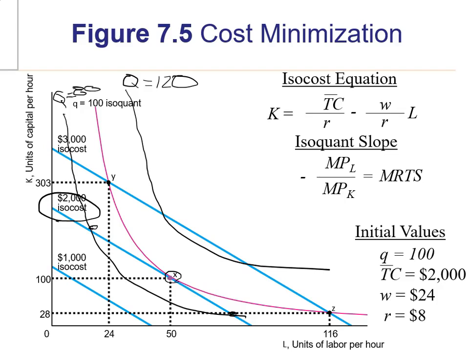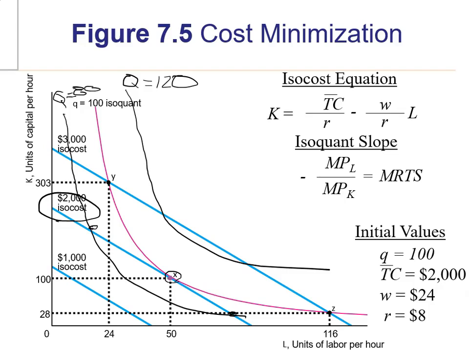That's the optimal: getting 100 units of output, spending $2,000. Now, can you get 120 units of output spending $2,000? Well, no, because nowhere is this isoquant tangent to or intersecting this $2,000 iso-cost. So we can't do it, not with today's technology.